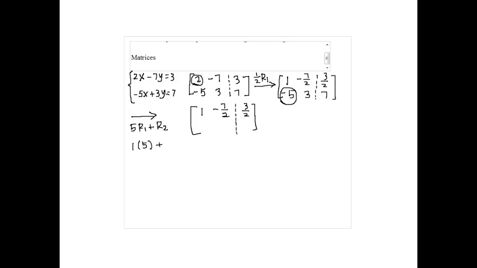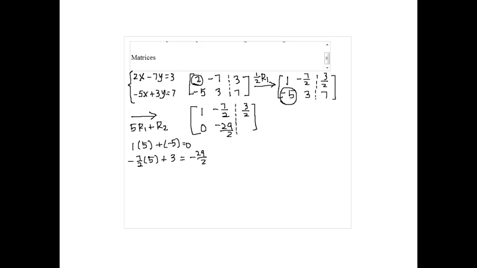1 times 5 plus -5, which is 0 for the first entry. Next, we have -7/2 times 5 plus 3, which is -29/2.